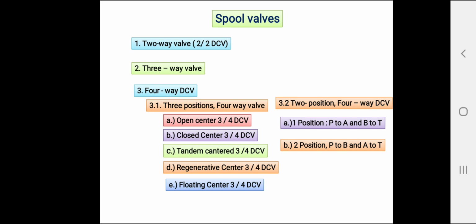First is the two-way valve. The spool valve consists of a spool, which is a cylindrical member that has large diameter lands machined to slide in a very close fitting, that is the bore of the valve body.